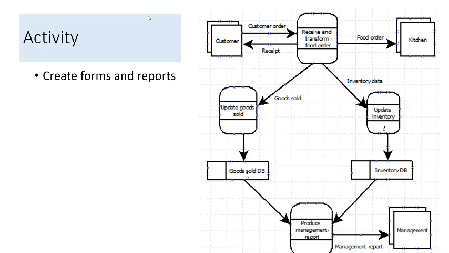The task is to create forms and reports for this data flow diagram. Look at the diagram, see the data flow, and see how many forms and how many reports we need. Also try to create the details of each form, what kind of labels and boxes they should have, and for the reports, also the format, such as a tabular format, and try to work on that.